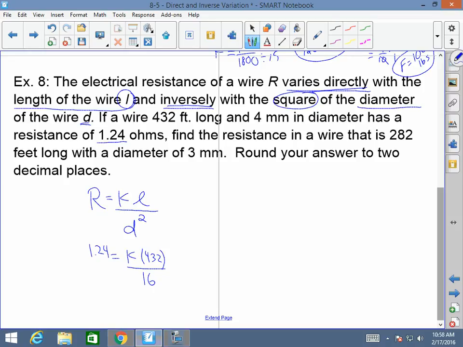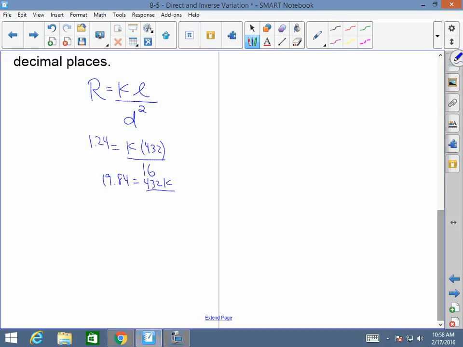I can't find anything until I solve for K. So I've got 1.24 times 16. That gives me 19.84. That equals 432K. Divide by 432 on both sides.